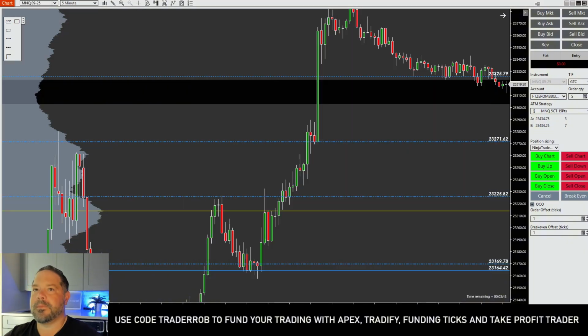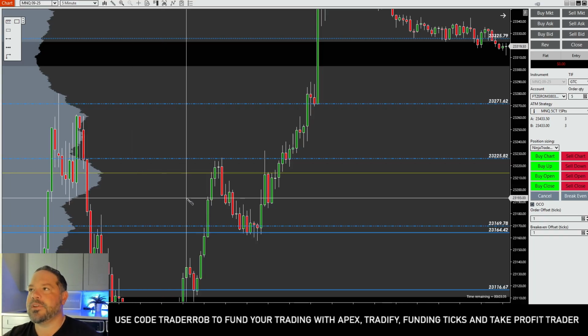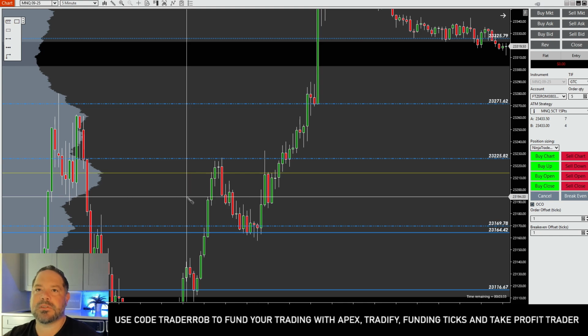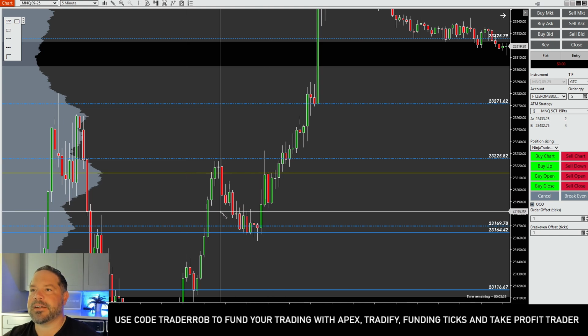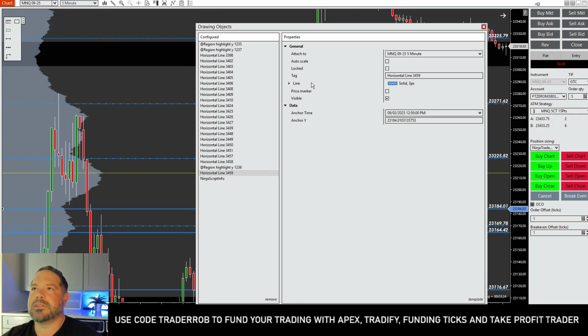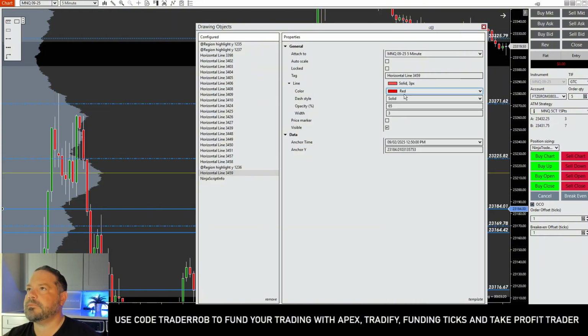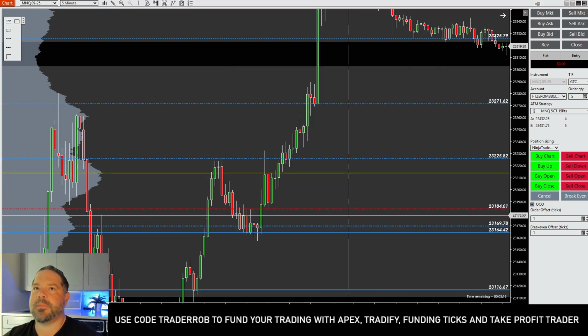Okay. Stop loss, obviously, right below this node here, which somewhere we've got a level right there, so probably right underneath this level. Okay, stop loss.